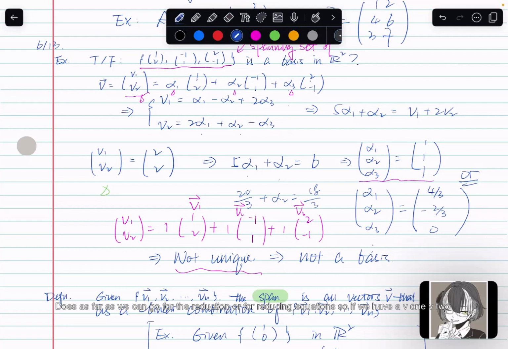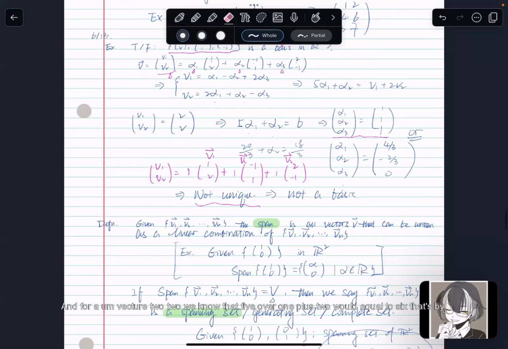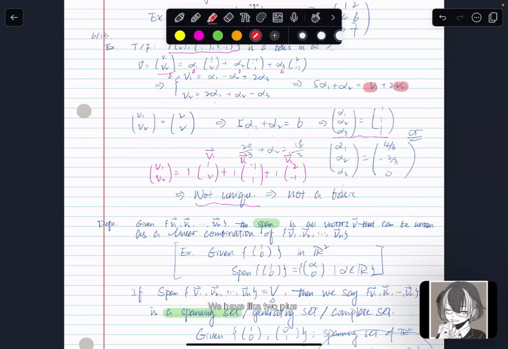So if we have v1, v2 for the vector (2, 2), we know that 5 alpha 1 plus alpha 2 would equal 6. That's because v1 is 2, v2 is 2, and 2 plus 4 would be 6.